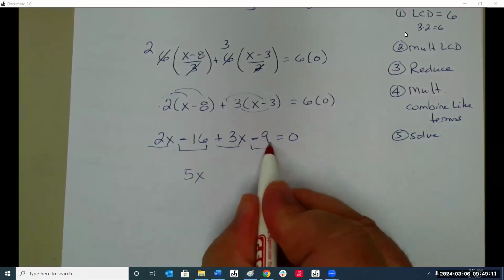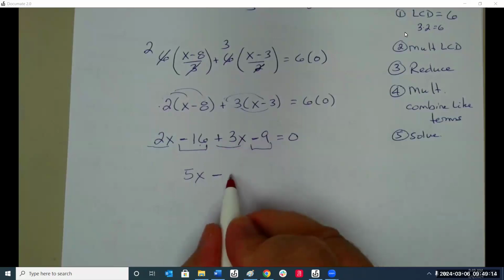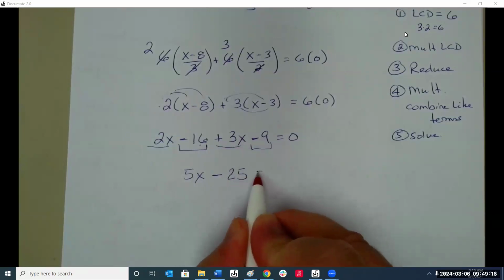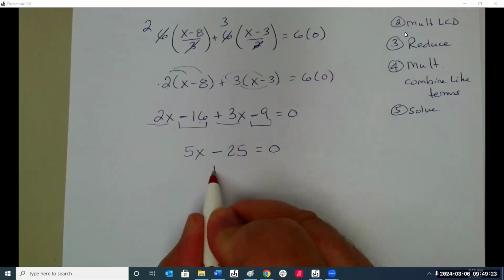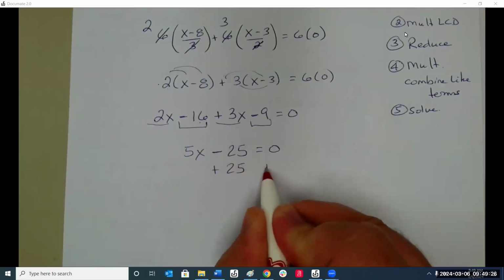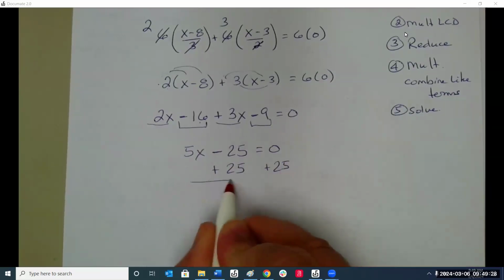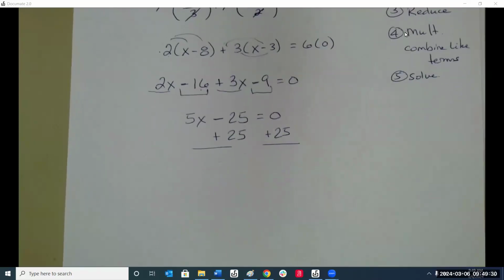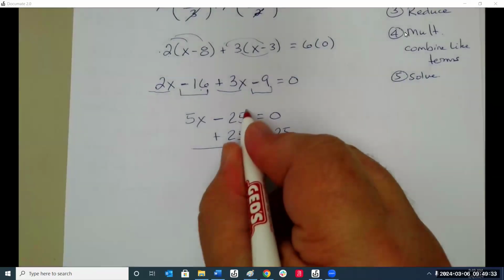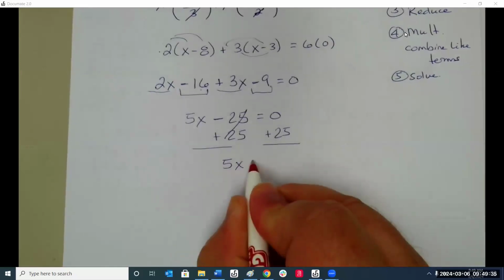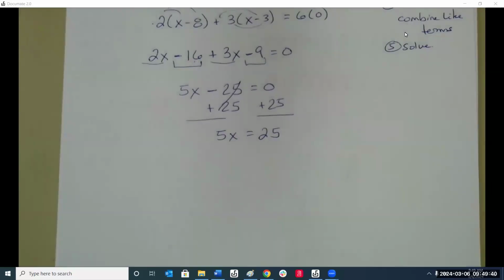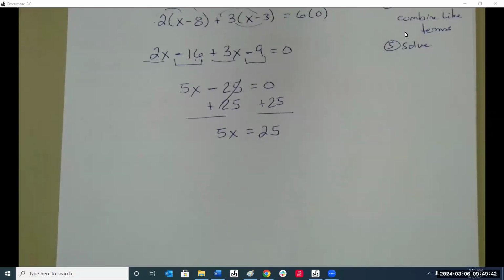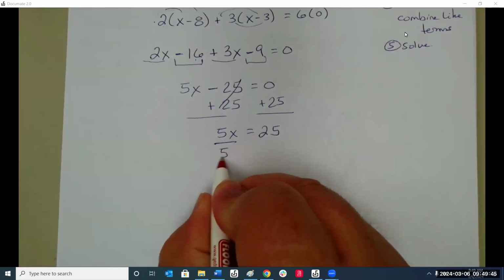Negative 16, negative 9, they're both negatives. 16 plus 9 is 25. Add 25 to both sides. And last step, divide by 5.